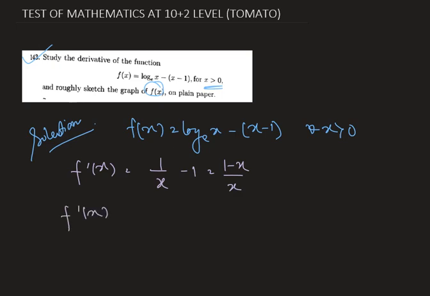Now f prime x is greater than 0 for all x between 0 and 1, and f prime x is strictly less than 0 for all x between 1 and infinity.